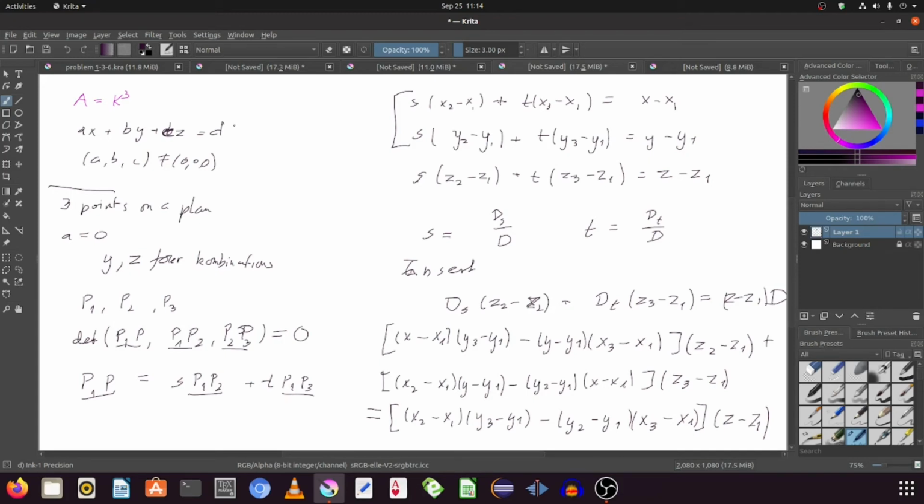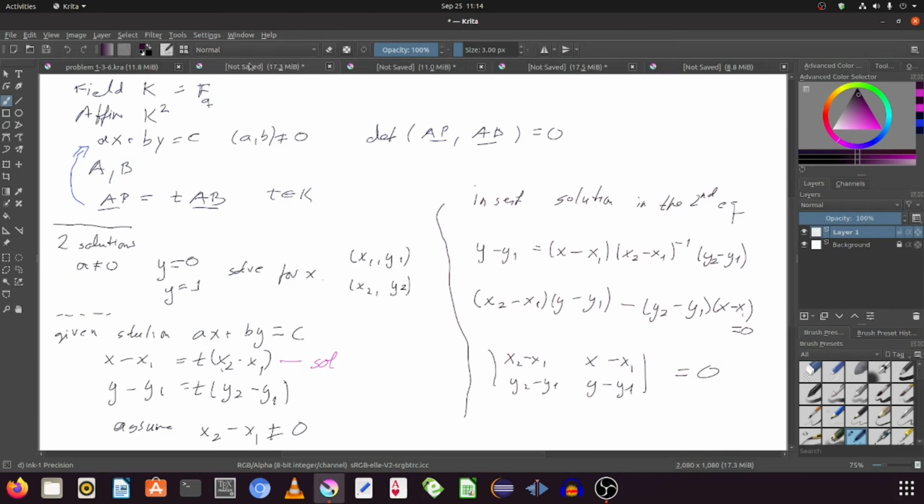So if we go back to the lines and then take the finite field case, then in this case we have q points.